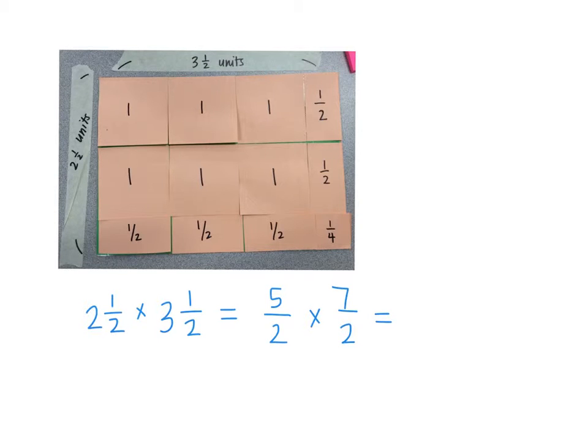What's 5 times 7? 35. What's 2 times 2? 4. Okay. How can I simplify that? How many wholes do I have? 8. How many fourths are in 8 wholes? 32. So if I take away 32 fourths, how many fourths do I have left? 3. 8 and 3/4. Is that the same answer? Yes. Okay, so this is how you use multiplication to check.